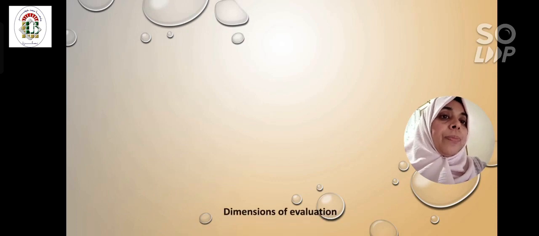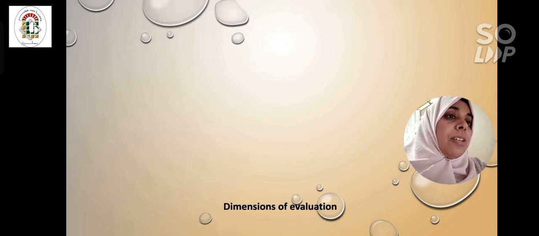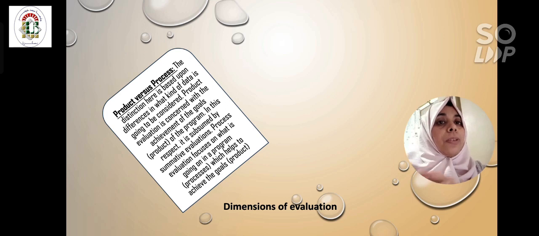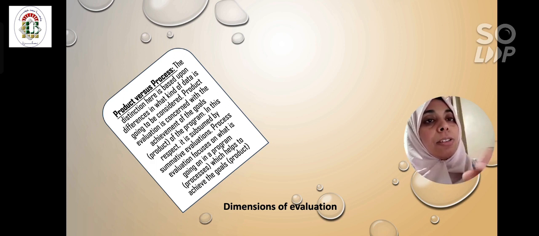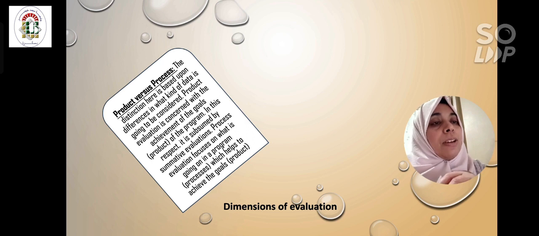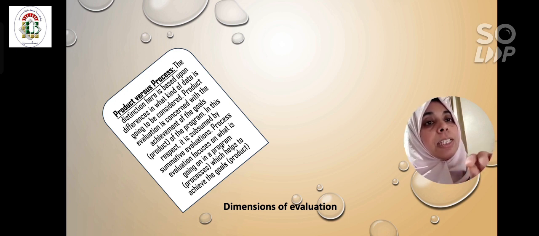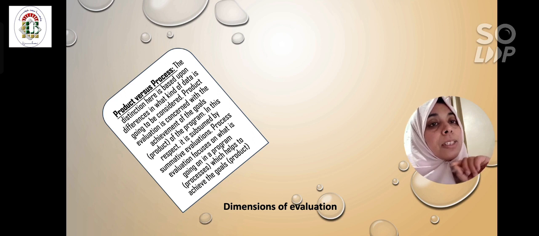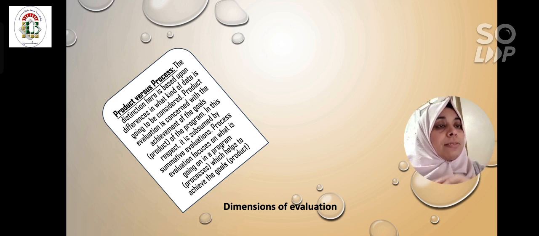So these dimensions of evaluation, product versus process. The distinction here is based upon differences in what kind of idea is going to be considered. Product evaluation is concerned with the achievements of the goals of the program. In this respect, it is subsumed by summative evaluation.